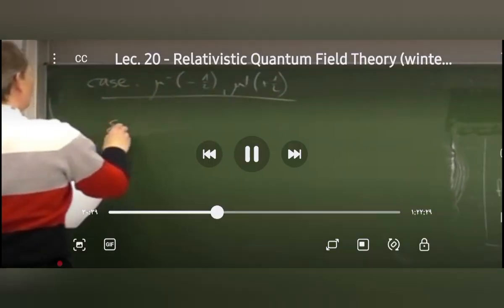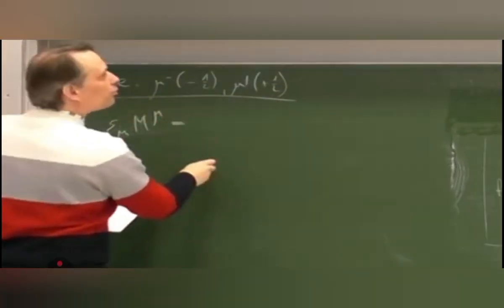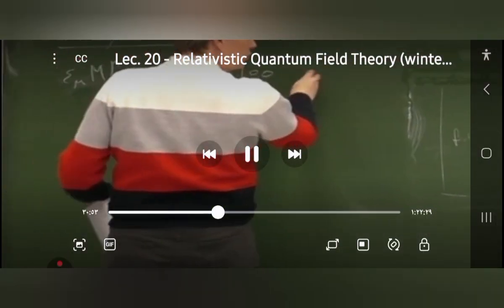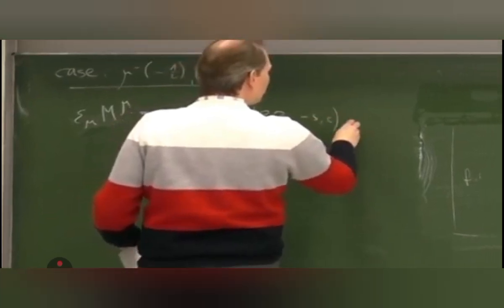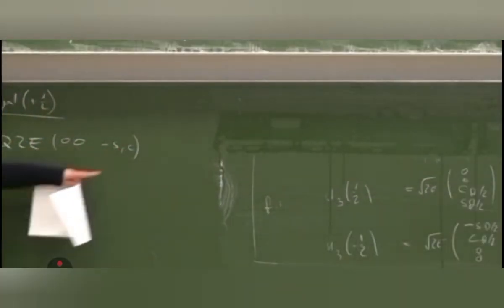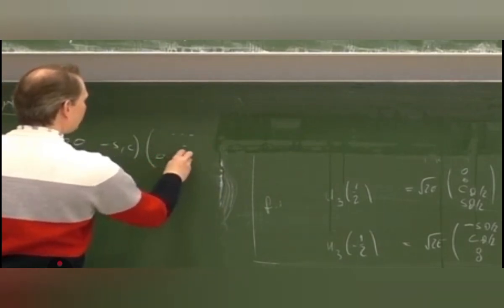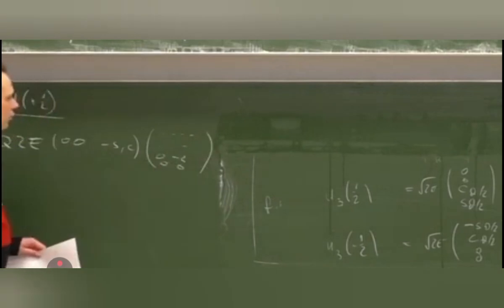And the other case, mu minus with minus 1/2 and mu plus with plus 1/2. So there we get epsilon mu times m mu is equal to minus e q times 2e, then times the opposite spinors. So here we have the opposite, 0, 0, minus s and c. So I already reversed the two blocks. Then our matrix and so on. And here we have this block here, which is the only non-vanishing thing.